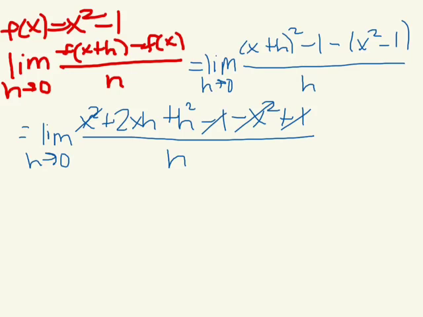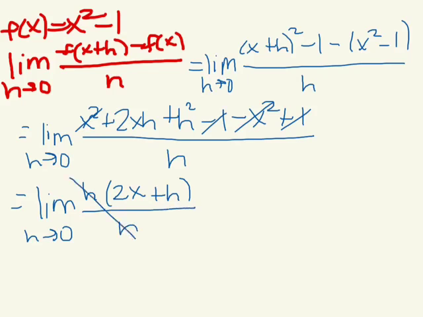And what do you notice about our numerator? Hopefully, you all have noticed that there is an h in common with my terms in the numerator. So we can go ahead and factor those out, okay, which causes those to cancel.